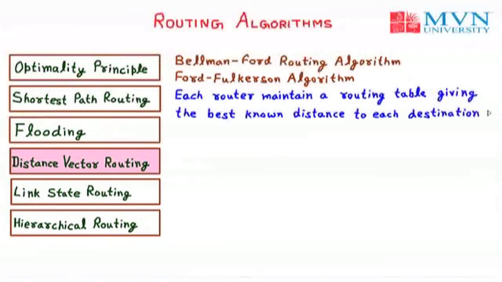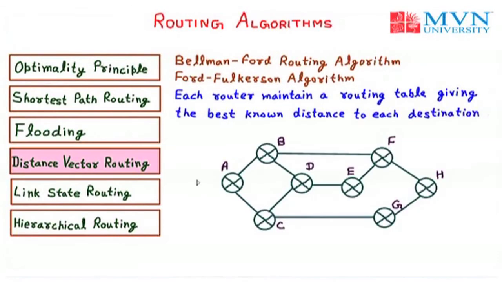To understand distance vector routing, let us take the example of the diagram we discussed previously, in which there is a source and destination, and between them there are various interconnecting routers which provide different paths from source to destination. In this diagram we have router A, the source, and router H, the destination, and each router contains a routing table.